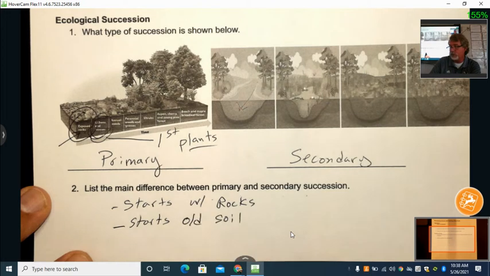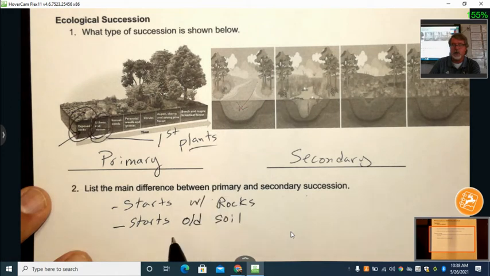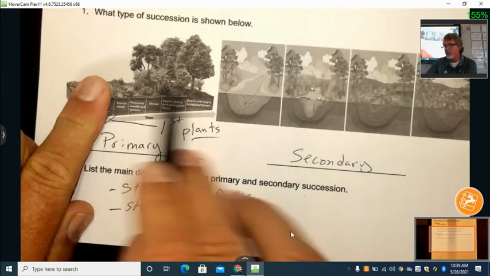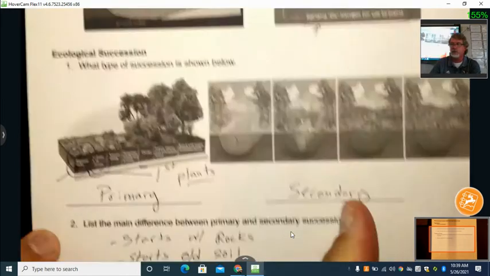There's some old soil there. And over here, starts with new soil or with rocks. I think that's kind of the main differences right there. Once you get past that initial stage, pretty much from here down is the same. Okay, once you get that, pretty much the same. All right, good deal.